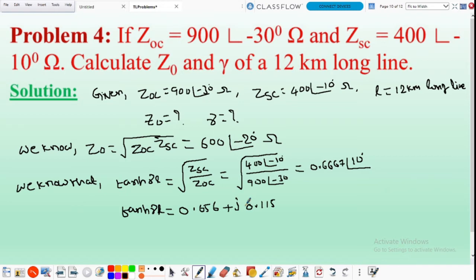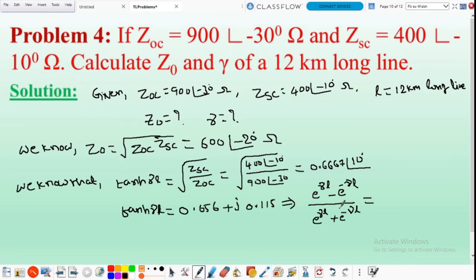So we know that tanh gamma L is represented in terms of exponential terms. Tanh gamma L is equal to e power gamma L minus e power minus gamma L divided by e power gamma L plus e power minus gamma L. So tanh gamma L is represented in terms of exponentials.